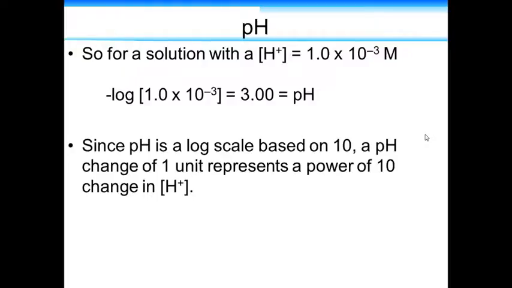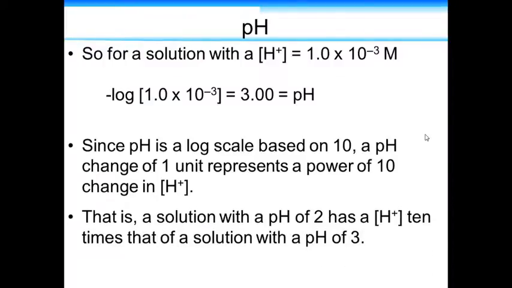What that means is if you go from pH 3 to pH 4, even though it's one pH unit, you actually have 10 times fewer hydronium ions at pH 4 than you did at pH 3. And this is just another example. A solution with pH 2 has 10 times more hydronium ions than a solution with pH of 3.